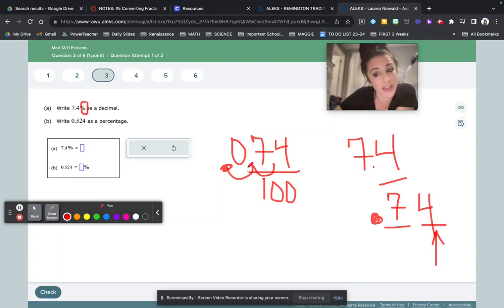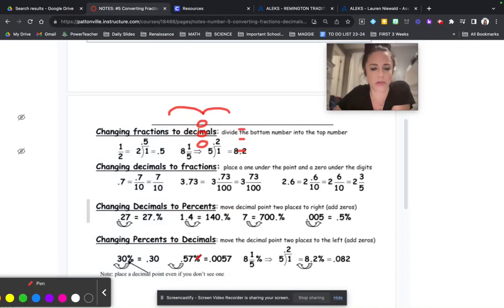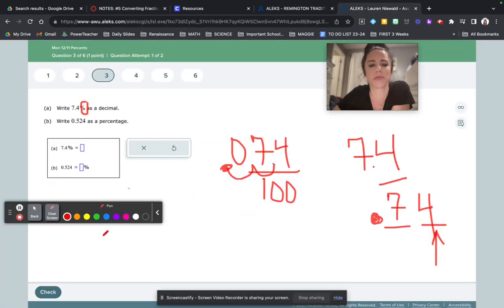Now I have 7 4/10, and it is landing in not the hundredth spot. It's really weird. I don't get that one. Percents to decimals. There's a percent to a decimal. Man. All right.